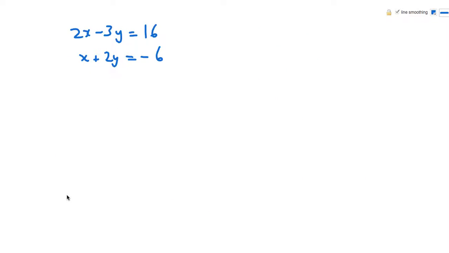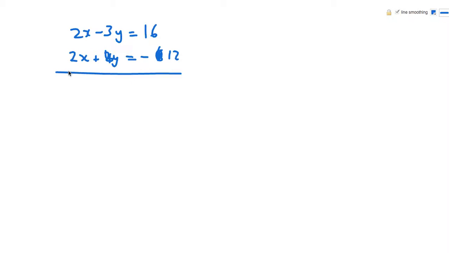The next thing we did after that was a practice question on the website we looked at, and it was in this format. So here, the easiest thing to do is multiply the bottom line by 2, and that will create a 2x on the bottom. So I just did that on the fly. 2x plus 4y is minus 12.